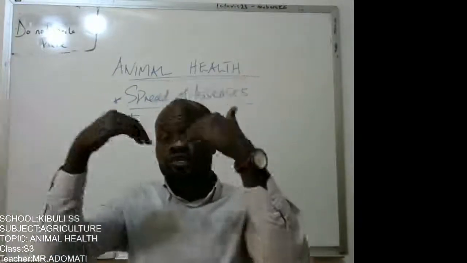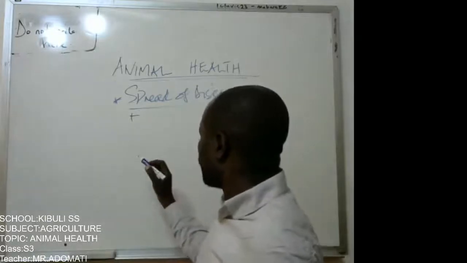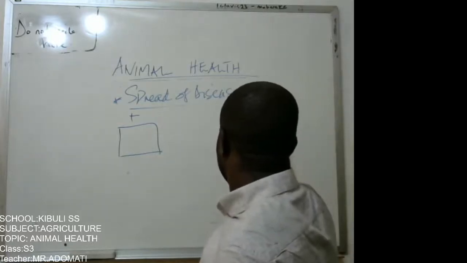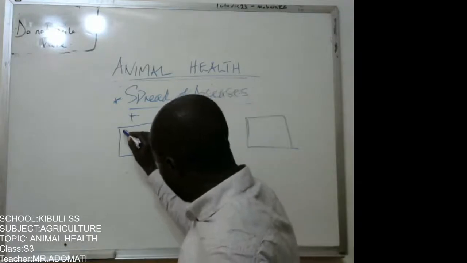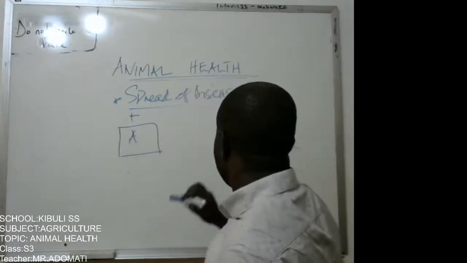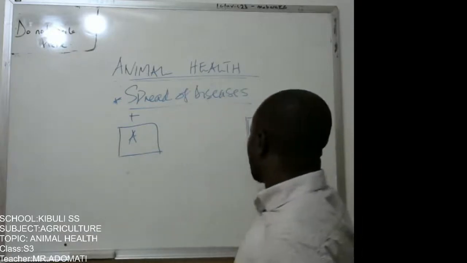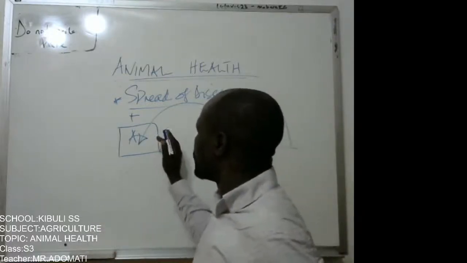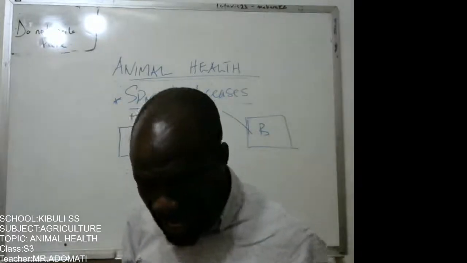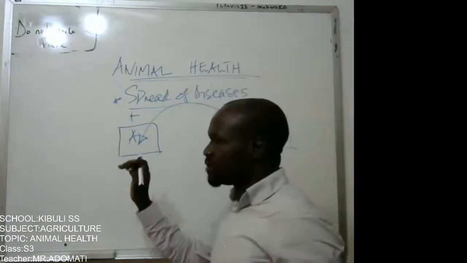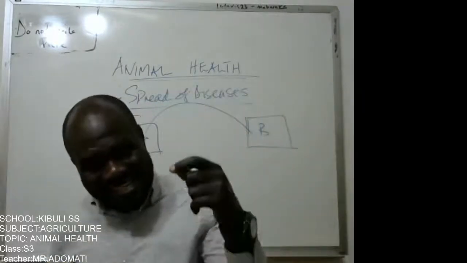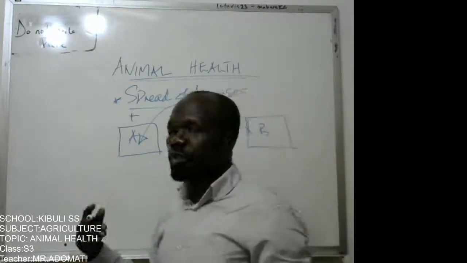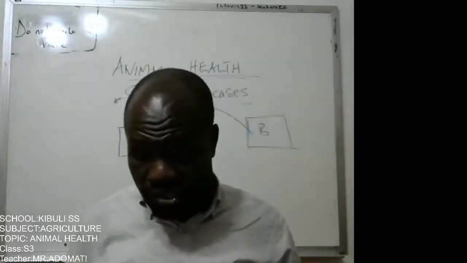If this is my farm, farm A, and a neighbor has farm B, and I bring in an animal from farm B into my farm, then I've introduced an animal onto my farm. If you introduce an animal that is diseased, that animal is going to bring that disease to the animals that you have on your farm.